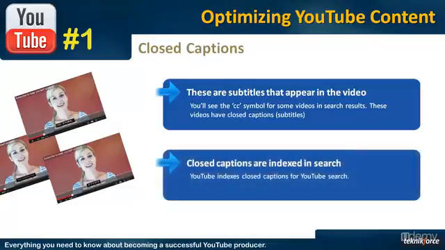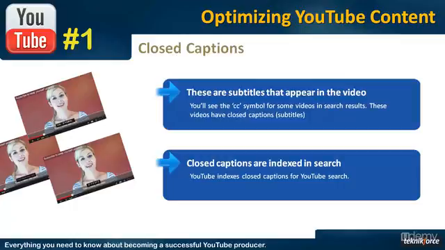And one thing that I want to tell you, and which is I think a good reason to include closed captions, is that closed captions are indexed in YouTube search. So while they're not available to the external search engines like Bing or maybe Google, they are indexed in search in YouTube. So all the text that you give YouTube in the closed captions is recorded by it and is made a part of the database.